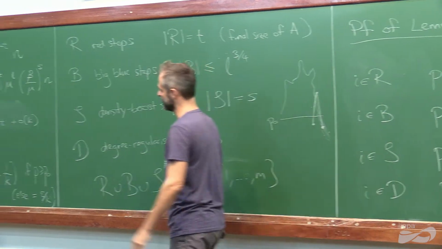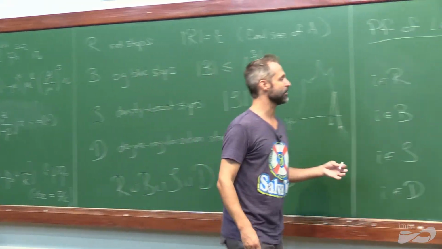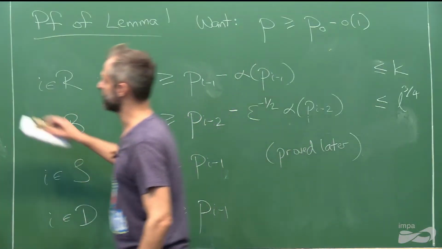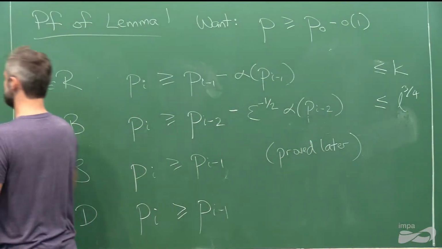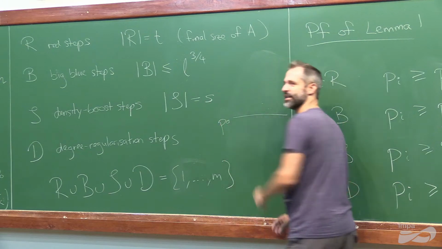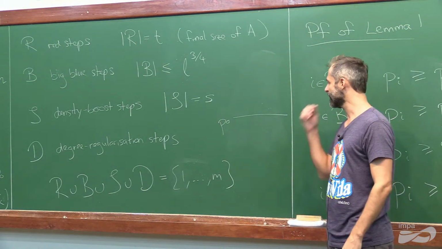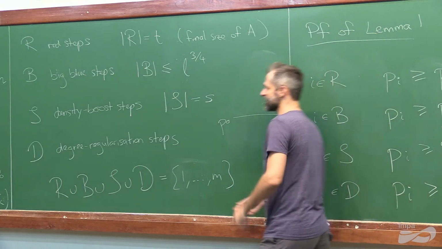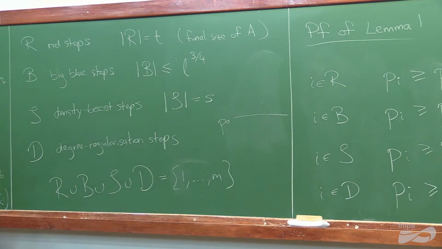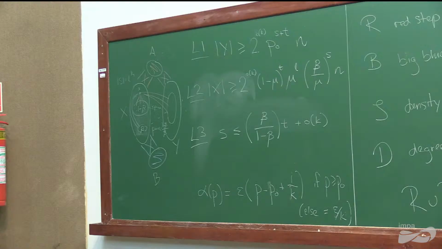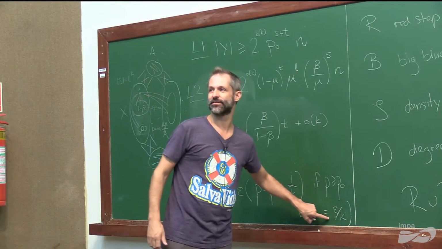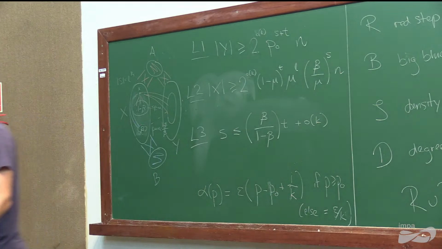So actually maybe this is a good thing to talk about, because it's quite an important idea in the proof that I don't think I emphasized before. This epsilon over k is not the critical scale of where you don't know if you want to take a red step or a blue step. So it's basically a tiny, tiny, tiny loss in red. So your enemy is probably going to say, I'm not going to give you that tiny loss in red. I'm going to do a density boost step.